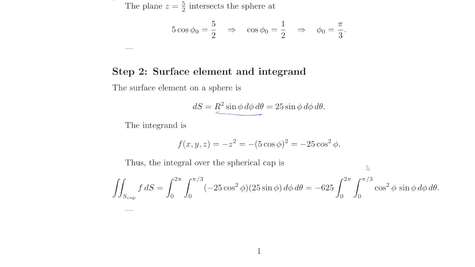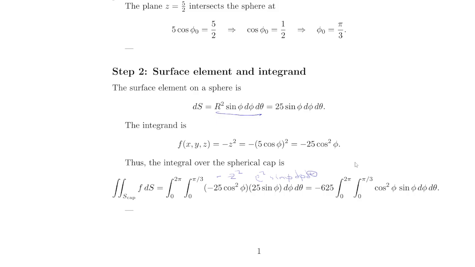And so now we're interested in finding the integral over the surface of the cap, where phi goes from 0 to pi/3, theta goes from 0 to 2 pi, and then we have negative z squared, and then this is the rho squared sine phi d phi d theta.